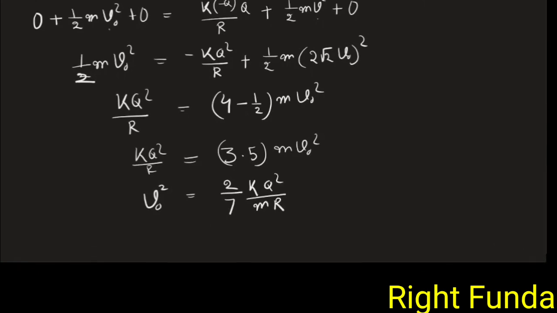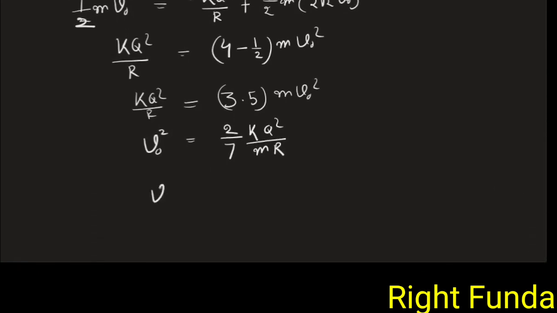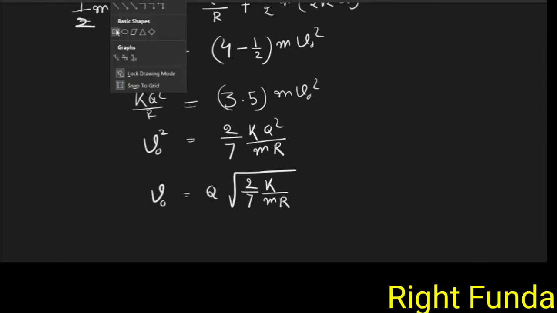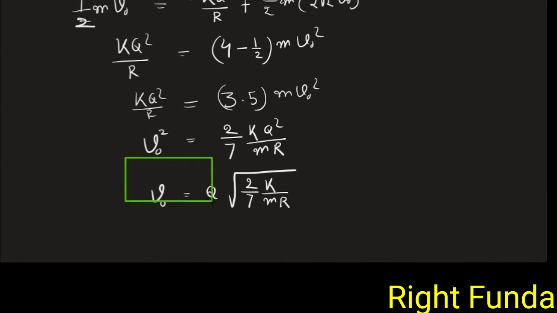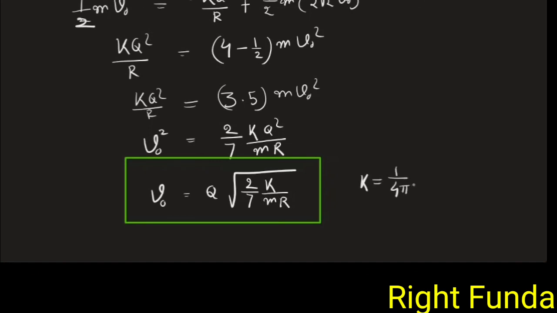Or I can calculate the value of v naught, which should be equal to q taken outside, square root of 2 by 7 k by m r. This is the velocity that should be there initially at a far distance, with the particle at a distance r from the surface of the big sphere, so that it will be striking the sphere at an angle of 45 degrees. Here k is equal to 1 by 4 pi epsilon naught.